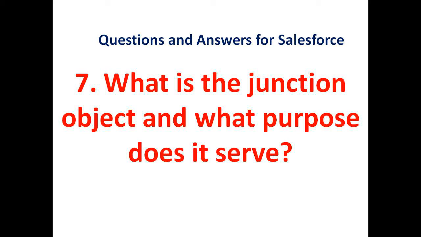In order to connect the data model, a third object is referred to as junction object. In the given example, the junction object is job application.